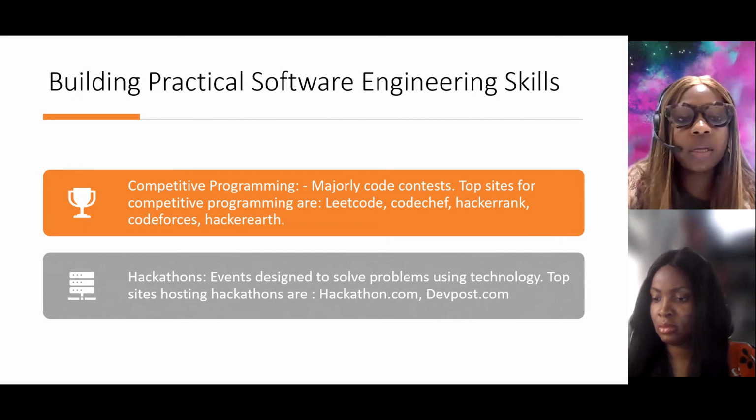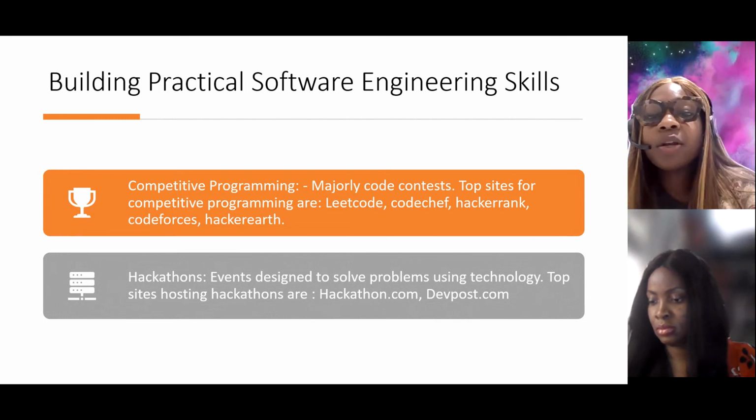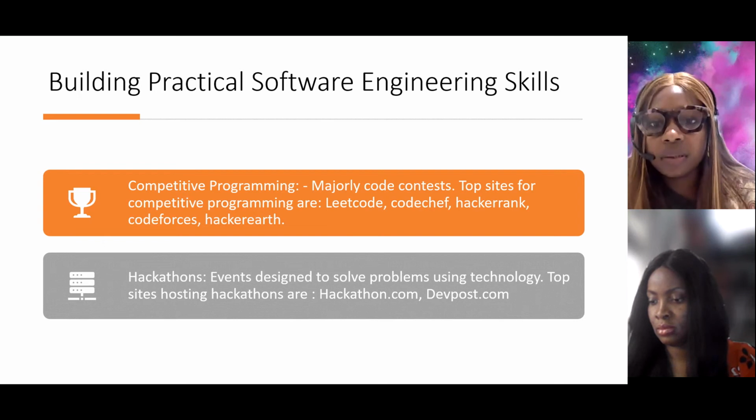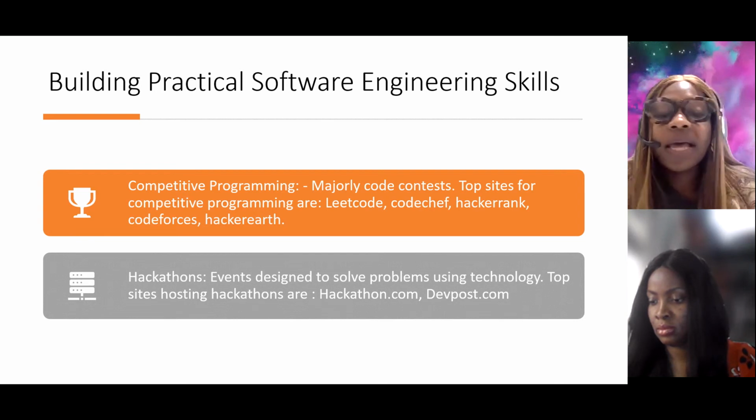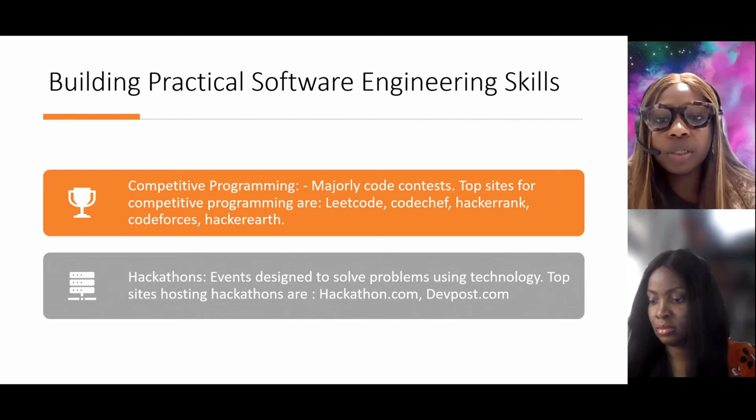Because when you are doing, for example, competitive programming, sometimes you might not work with people. It's you doing the coding challenge, right? Except if it's a pair programming session, right? But for hackathons, you get to work with people. And because you work with people, you're building collaborative skills.